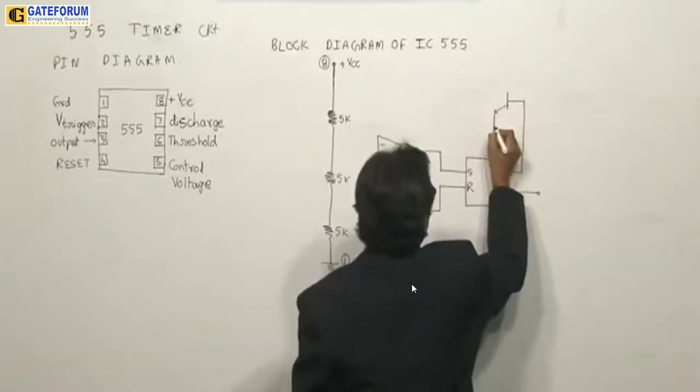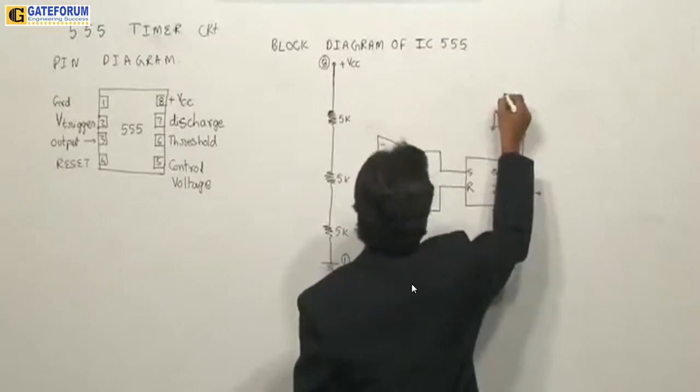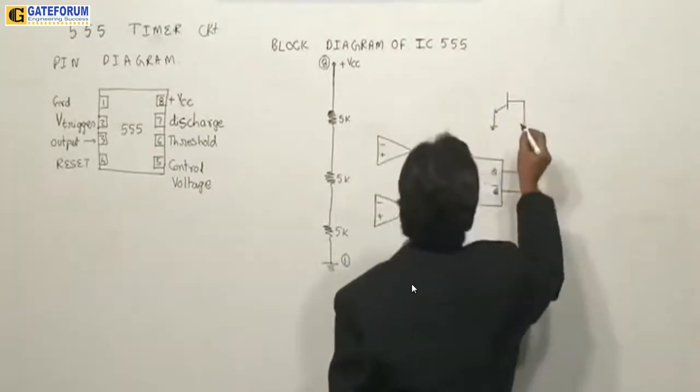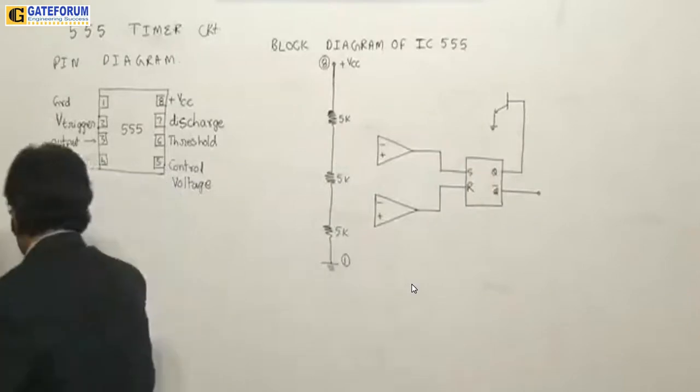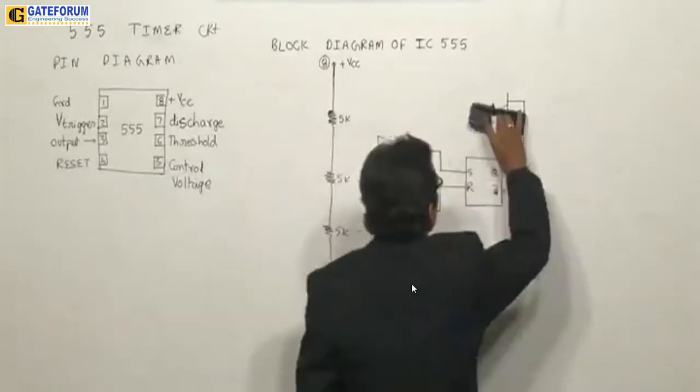Now I have here this transistor connected to this Q output.